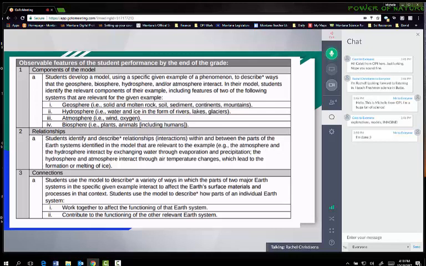And so one of the performance assessments that I asked students to do is to diagram their model of their biosphere. They write it down, and then they have to label the geosphere, hydrosphere, atmosphere, and biosphere within what they have designed, and explain how it meets that criteria.